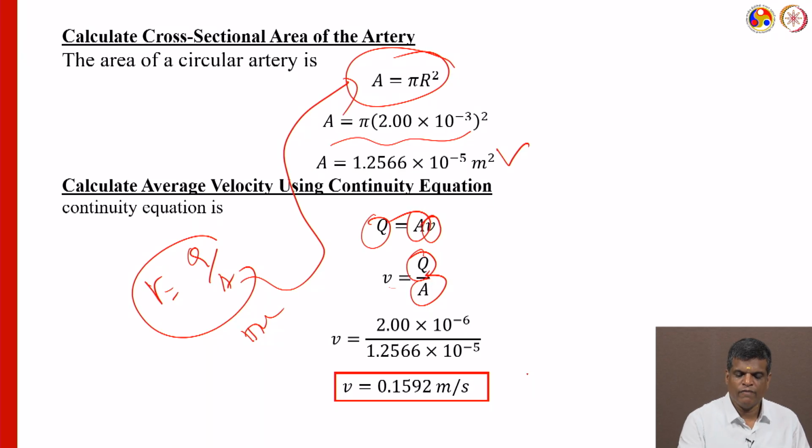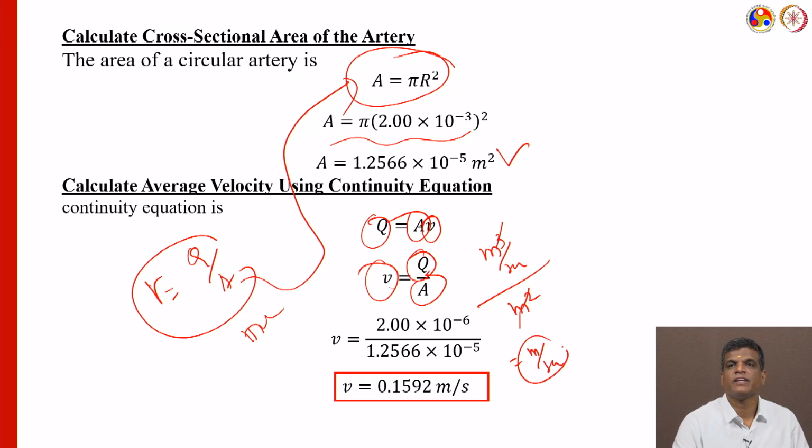Meter cube per second divided by meter square cancels to give meter per second, the velocity units. Once we have velocity, next we calculate the Reynolds number.